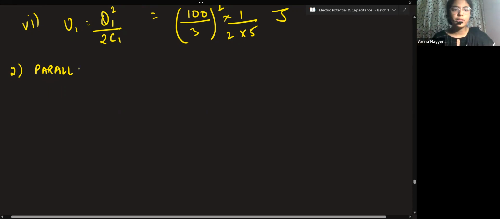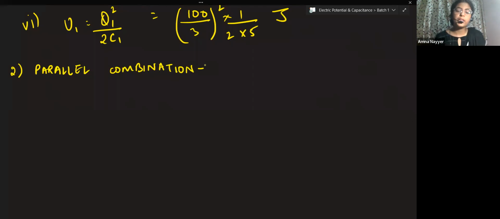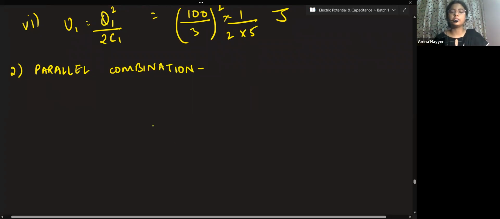So for the parallel combination, the way Maimuna had answered us and told us that charge remains the same in case of series combination, remember, potential remains constant for parallel combination. So parallel combination means what?